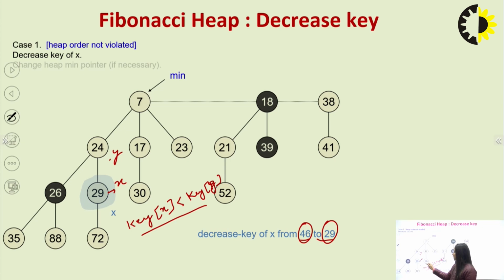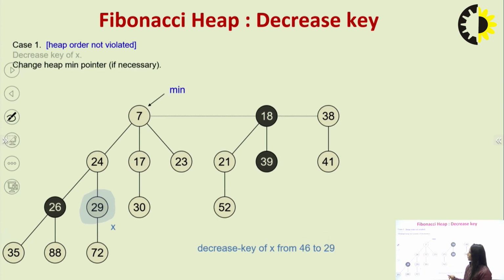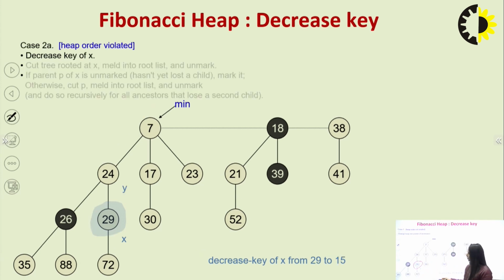Okay, here your condition: 29, key of x should be less than 24, but this condition fails here, so we do not need to proceed with any process. See, next, your pointer is the same here because this part is on the children's node, right?